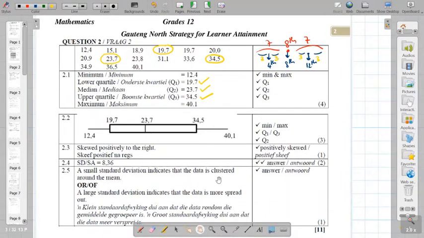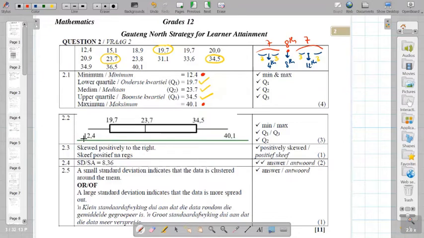Now, how do we draw this? It has to be scaled, and to be able to draw a scaled diagram, I strongly suggest drawing a number line just below, and that number line should be scaled. We know the minimum value is 12.4 and the maximum is 40.